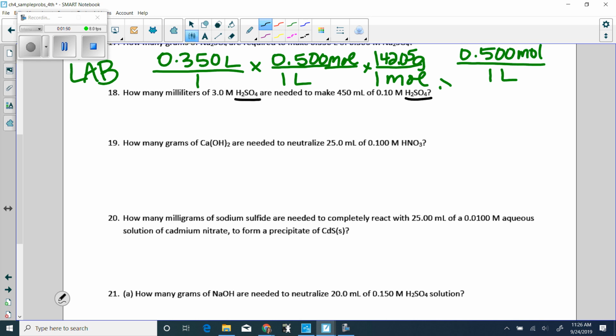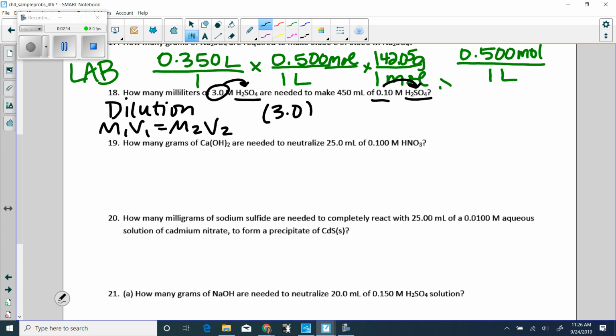So this is a dilution problem. We're just taking 3 molar of sulfuric and turning it into 0.1 molar of sulfuric. This is different from what we're doing the whole rest of the day. We're not reacting anything. I'm just adding water to it. The dilution equation is M1V1 equals M2V2. We are starting with a 3.0 molar solution.